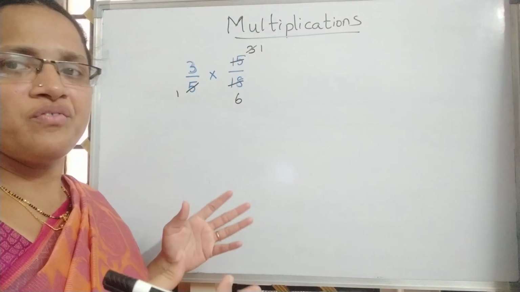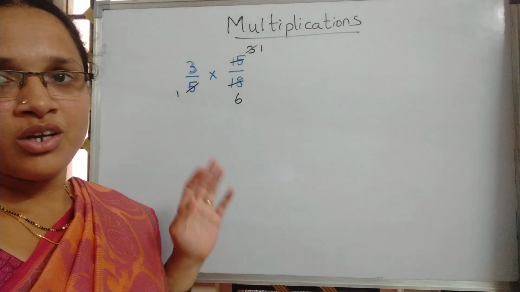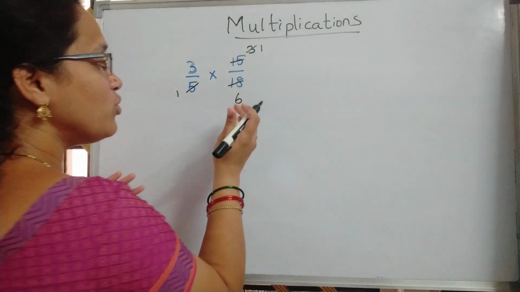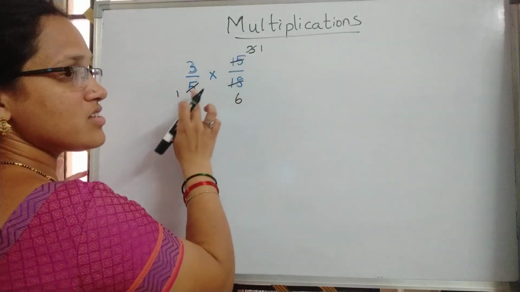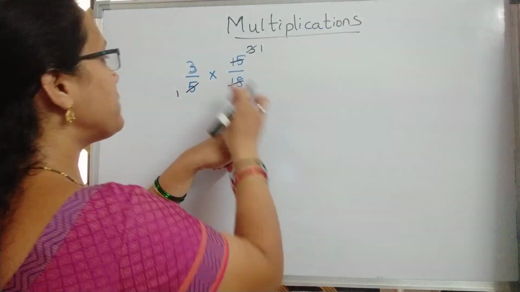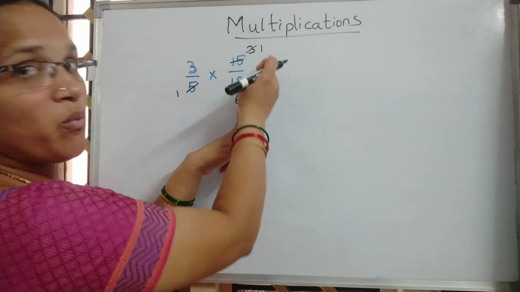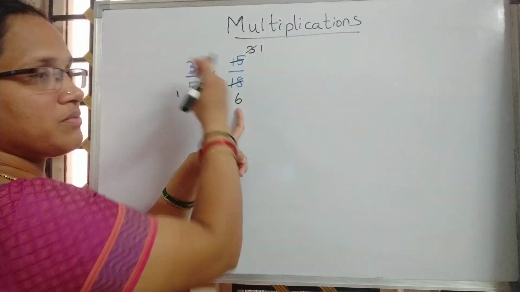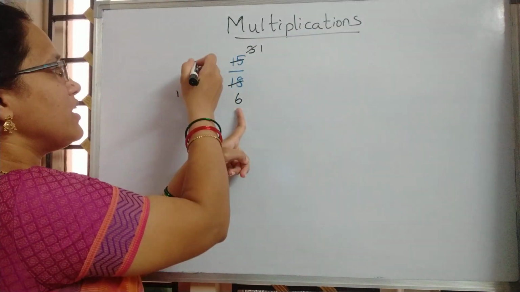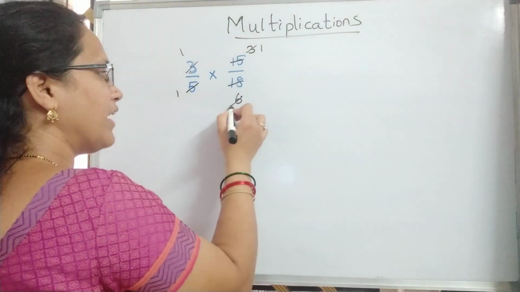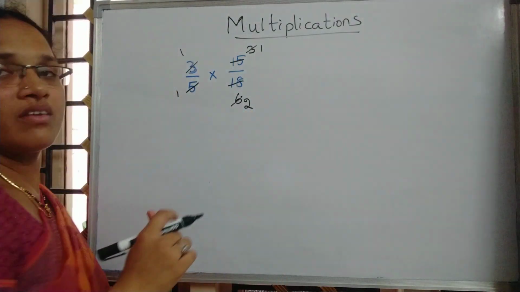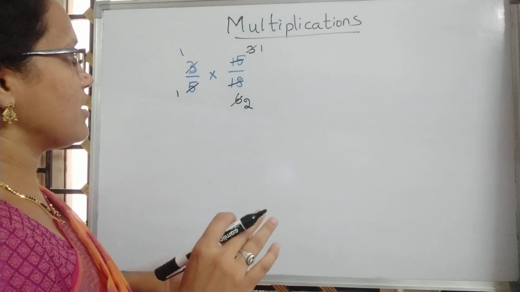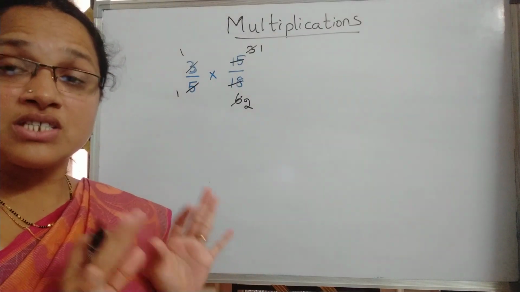You don't feel that it is ended here. Now you have to check with the cross in the similar manner. 6 should be cross checked. Here it became 1, so now you cross check with this, that is 6 and 3. Yes, 3 ones are 3 and 3 twos are 6. Now all the cancellations are completed.